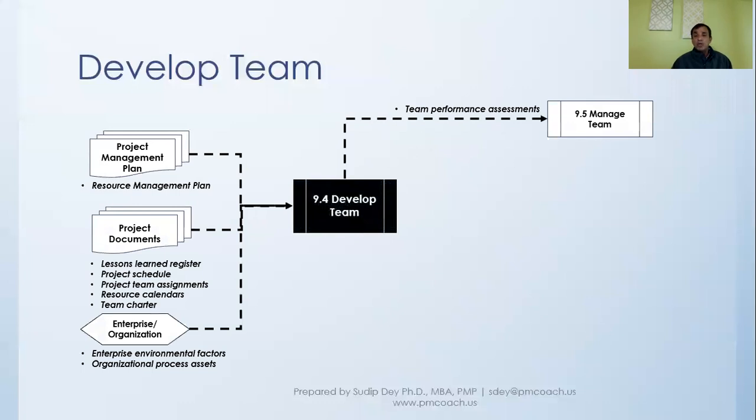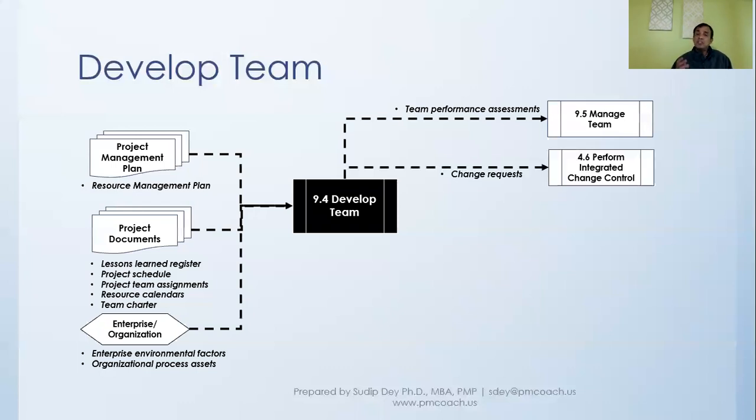As an output, one of the outputs will be the team performance assessments. So when we are developing the team, we also measure how we are doing in terms of team performance, and we'll talk about what it is. And this team performance assessment will go into the manage team process as an input.